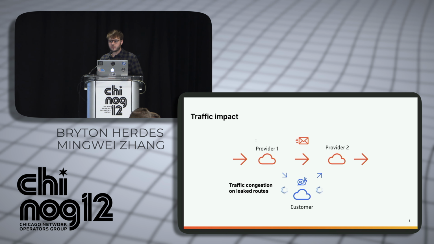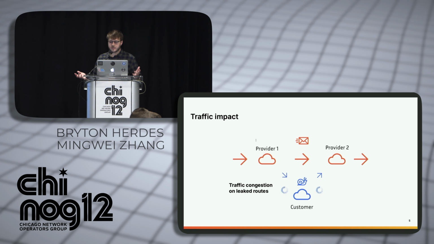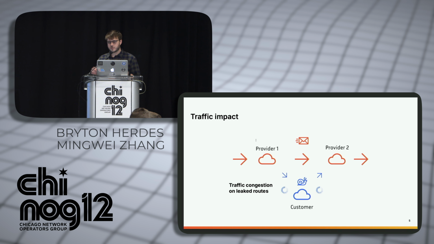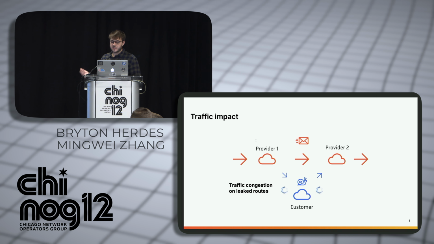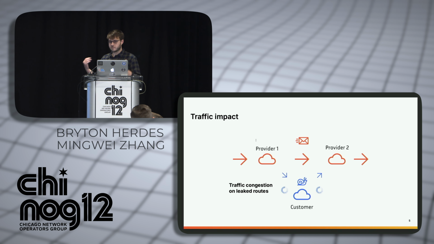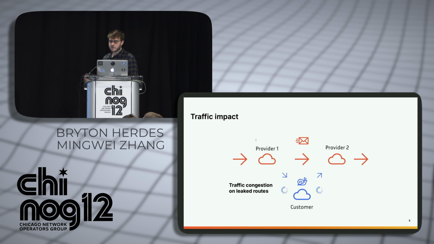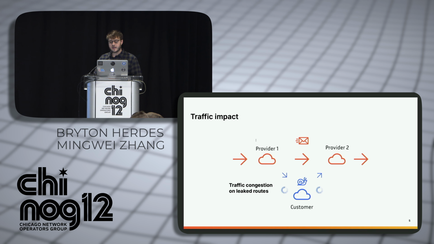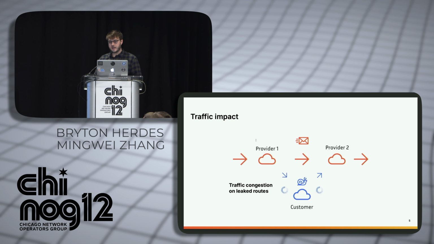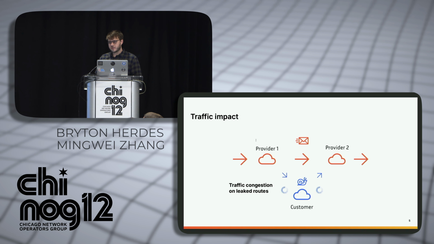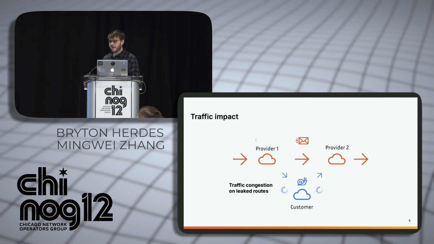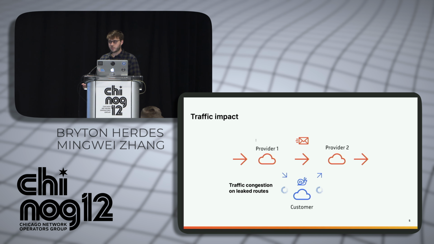So why do we care when route leaks happen? What's the big deal? If we take the most typical or basic example of a route leak, in this case, provider 2 sent routes down to their customer as they should, let's say it's a full table, and the customer takes the routes and sends those routes back up to their provider 1. We know that the opposite of the BGP update path is going to be the traffic forwarding path, right?